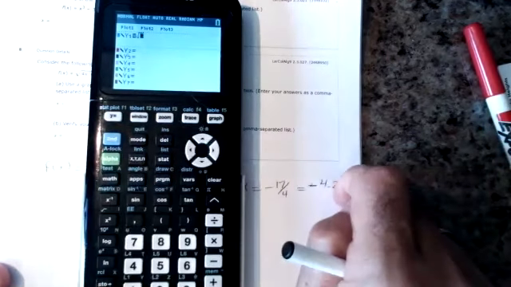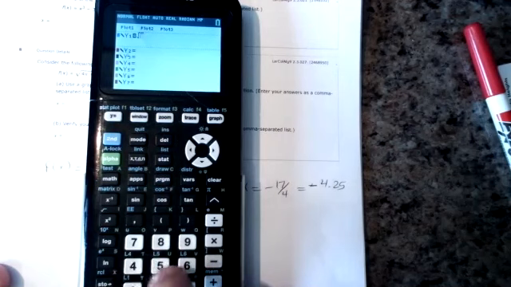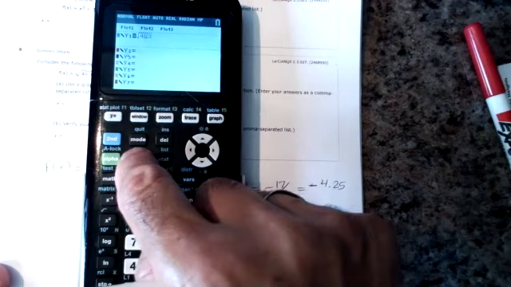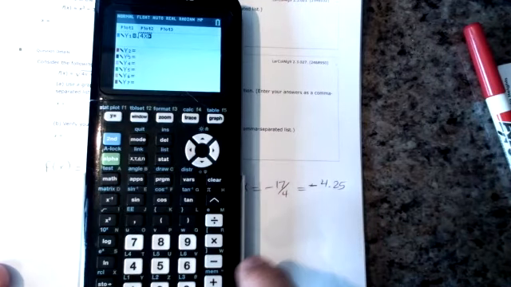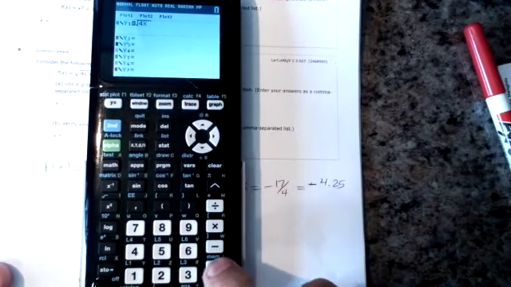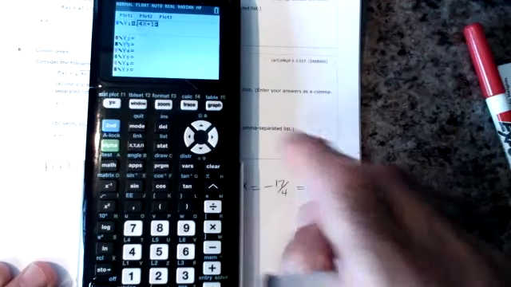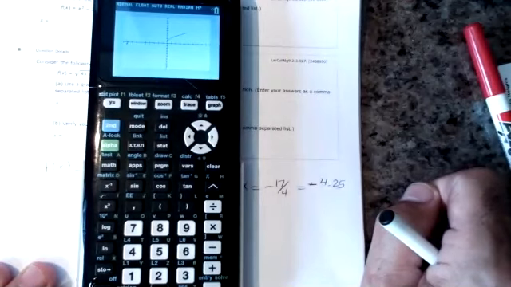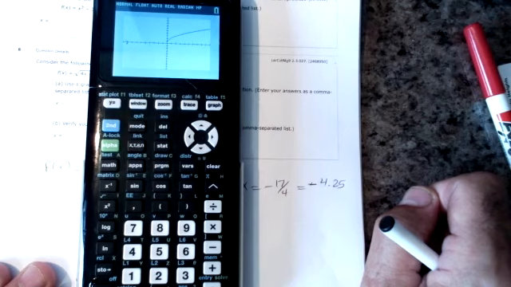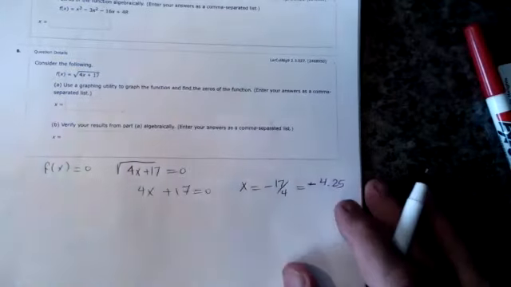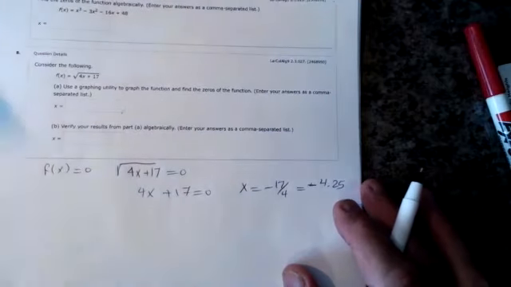Look, you put radical and then 4, and x is here. Square root of 4x plus 1. And then you graph it. Okay. So that takes care of that problem.